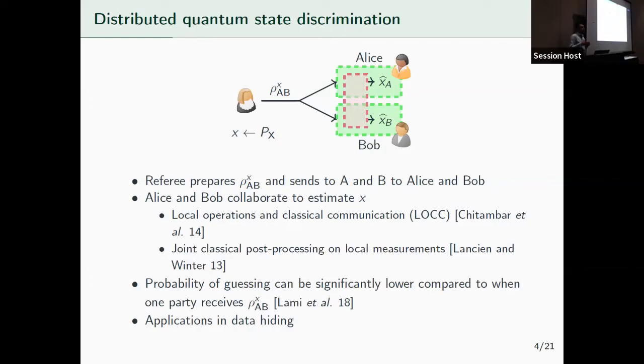The parties can perform local operation and classical communication, or there are other studied models. For example, they can perform a local measurement and then a joint post-processing on their outputs to find the value of x. And it has been shown that the probability of correctly guessing can be significantly less than the case when one party receives the whole bipartite state. And this observation has many applications in, for example, data hiding.